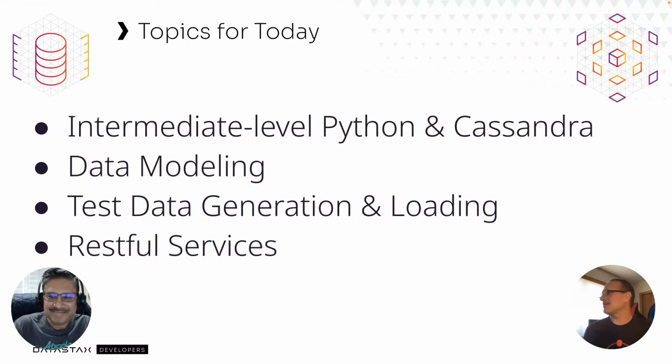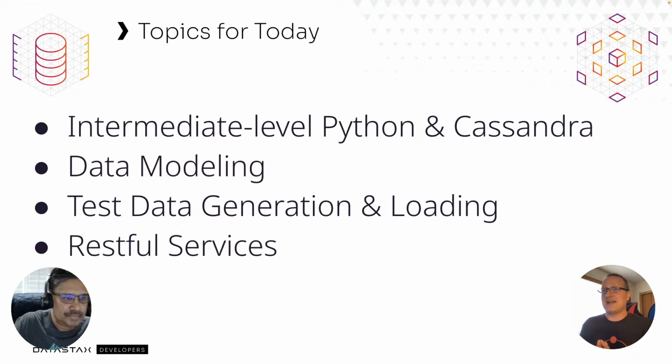Anyway, so our topics for today, we're going to be looking at some beginner-ish, intermediate level Python and Cassandra, of course. We're going to work on some data modeling, or specifically, we'll look at the models that Sarma has built, and we'll talk through some of the reasoning behind certain decisions there. And of course we'll go through the test data generation and loading.